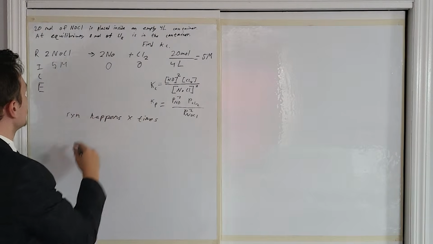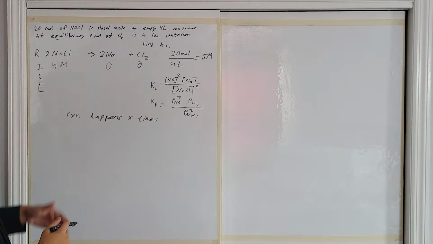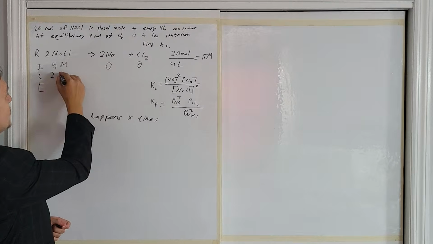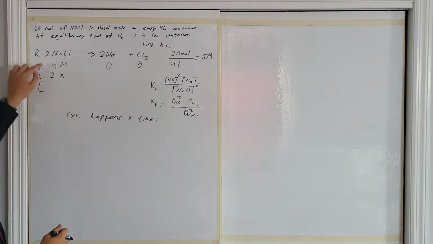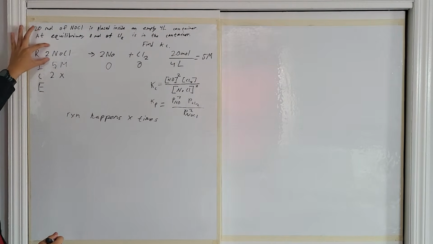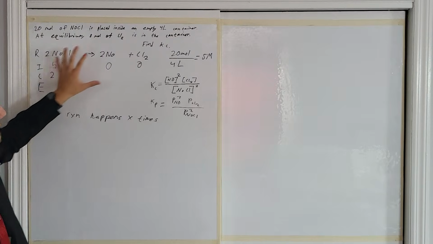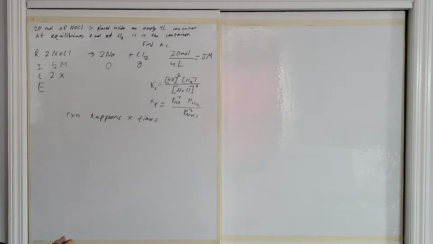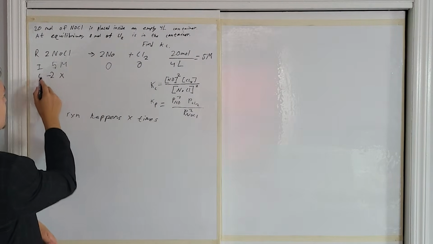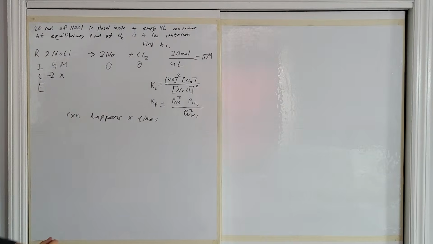So NoCl is going to change by 2x, meaning 2 NoCl is consumed every time the reaction progresses. So this is a minus 2x.